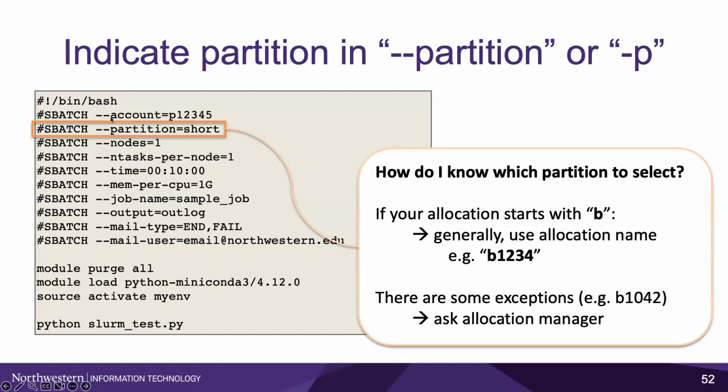So you can do --account b1234 --partition b1234. However, there are some exceptions to this rule. For example, b1042 is the genomic compute cluster, and for the partition, you need to indicate something else. So if you're getting errors, this is something that you can check with your allocation manager.